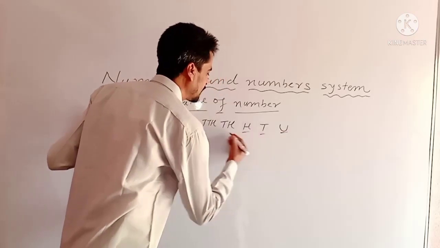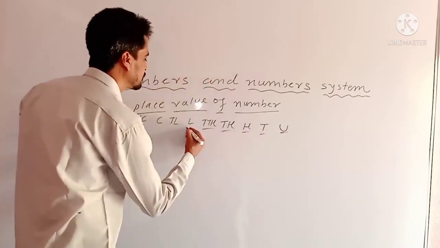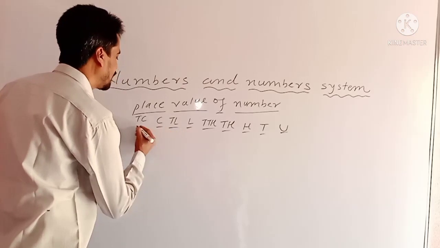Units, tens, hundreds, thousands, 10,000s, lakh, 10 lakh, crore and 10 crore.